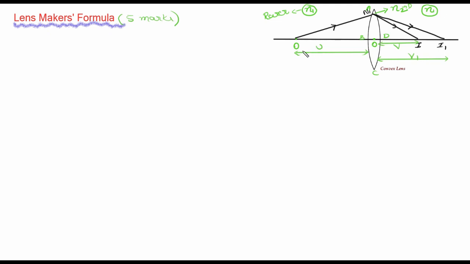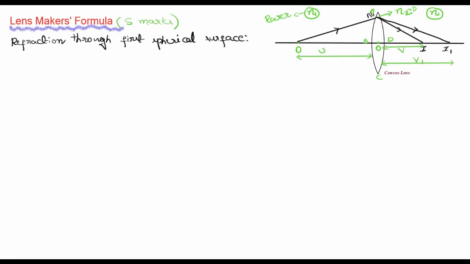Now for the derivation, we have to consider refraction through two spherical surfaces. So now we are going to discuss the refraction through the first spherical surface. As you can see in the ray diagram, the first spherical surface is A, B, C. Why are we considering refraction twice here?